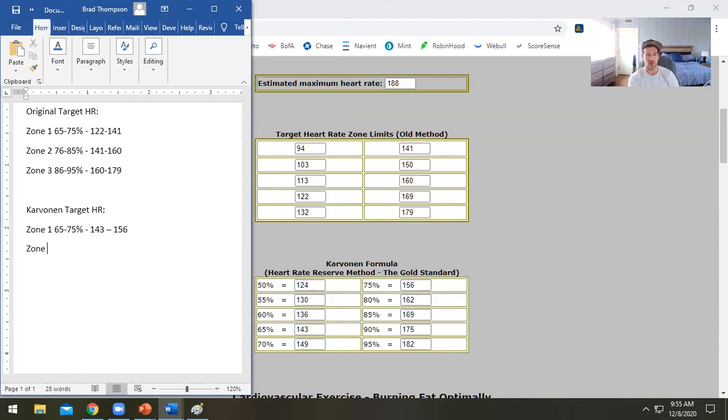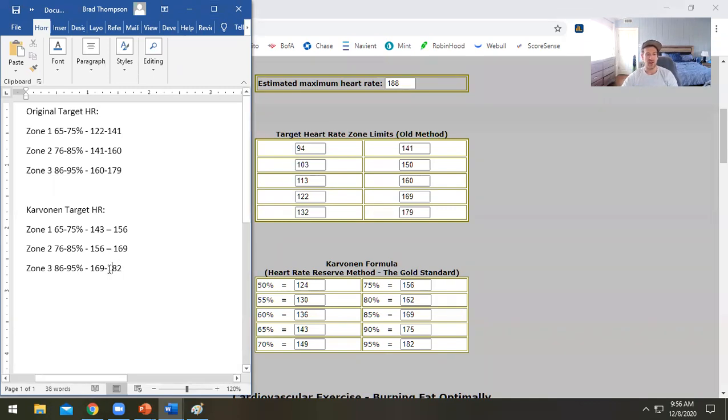My zone 2, which is 76 to 85%, is going to be 156 up to 169. And then I've got my zone 3, which is 86 to 95% of my heart rate max. That's going to be 169 up to 182.